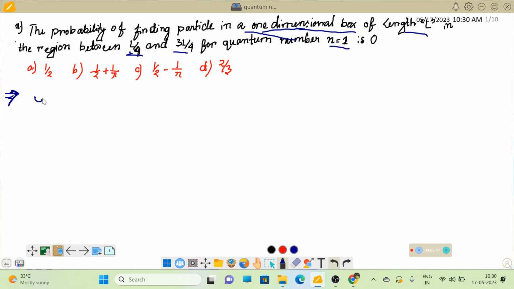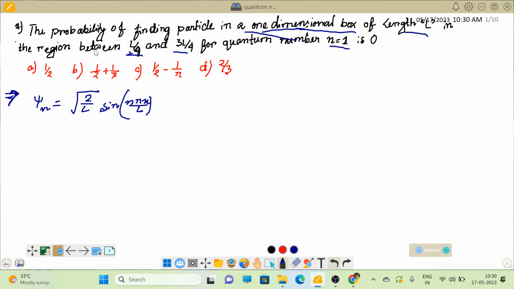So you know that psi n equal to root 2 by L sine n pi x by L.